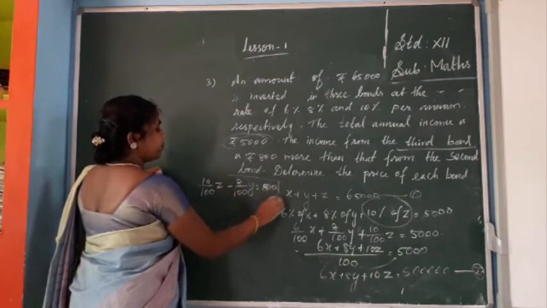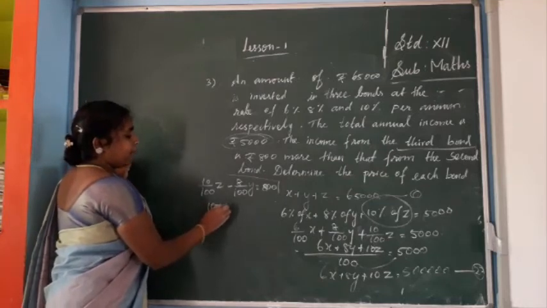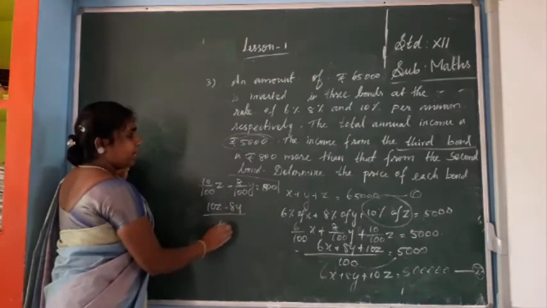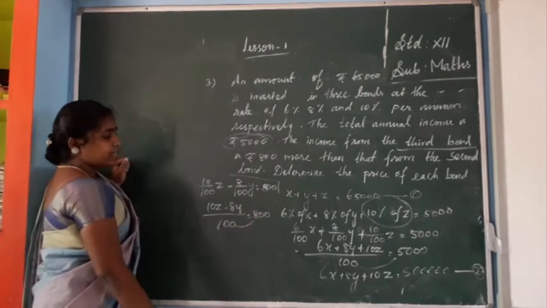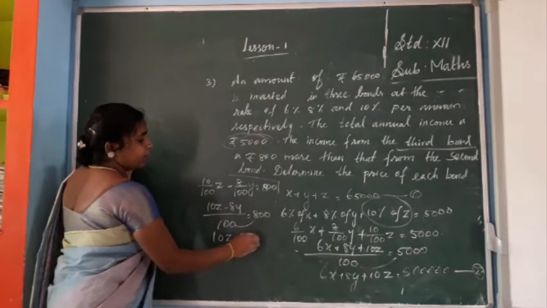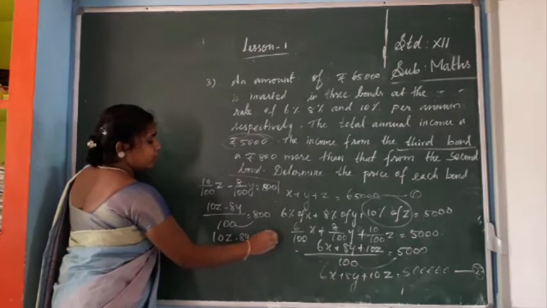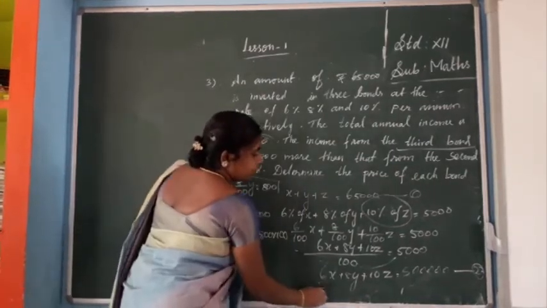Understand? You see here the denominator is the same, isn't it? So 10z minus 8y divided by 100 equal to 800. Then you take 100 to the right-hand side. So 10z minus 8y equal to 800 into 100. Here also you can divide by a multiple of 2, isn't it?